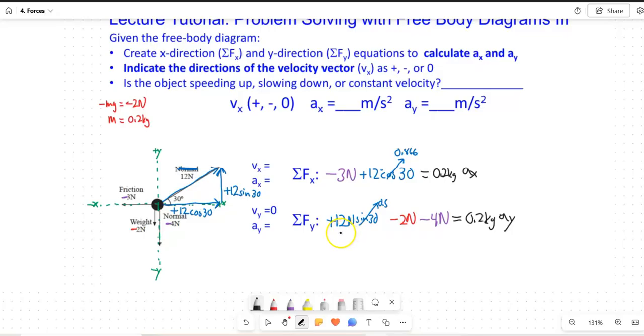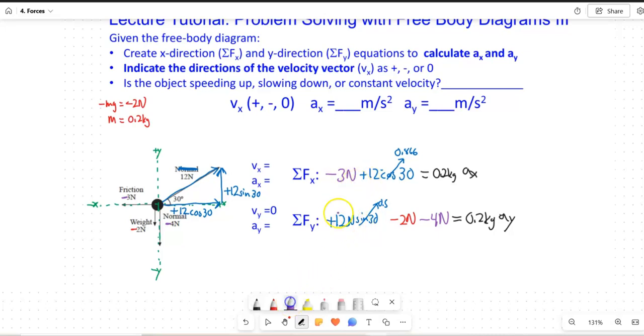Okay, so let's see what's going on here. Let's do this top part.